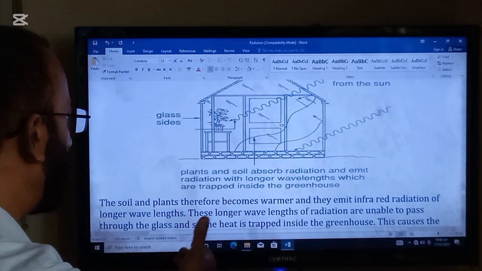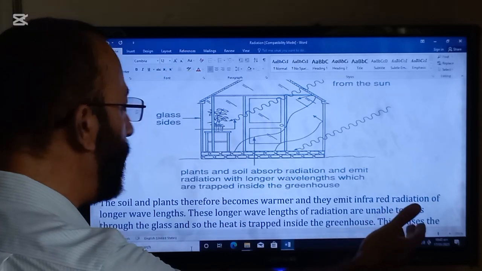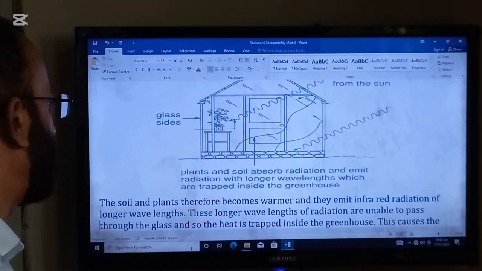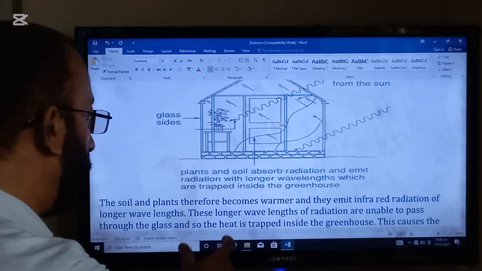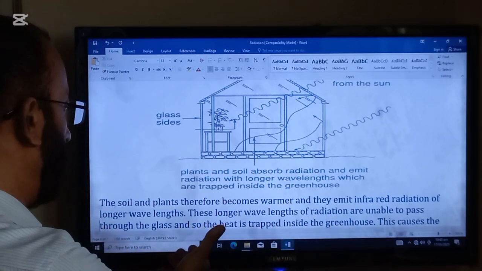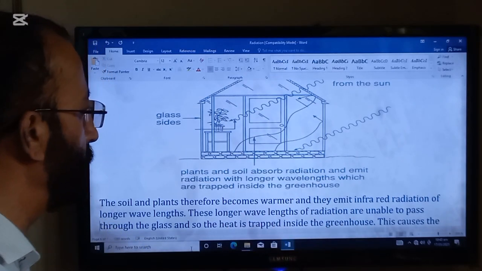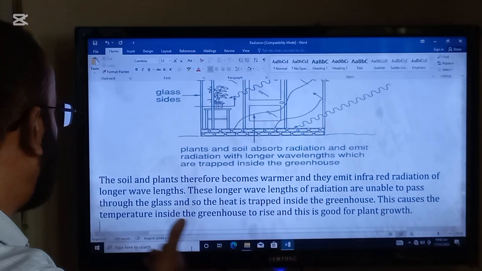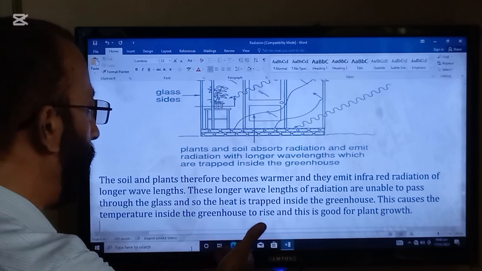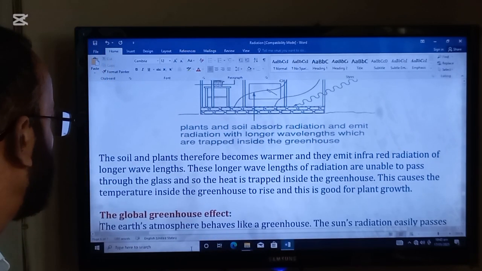The soil and plants therefore become warmer and they emit infrared radiation of longer wavelengths. These longer wavelengths of radiation are unable to pass through the glass, and so the heat is trapped inside the greenhouse. This causes the temperature inside the greenhouse to rise, and this is good for plant growth.